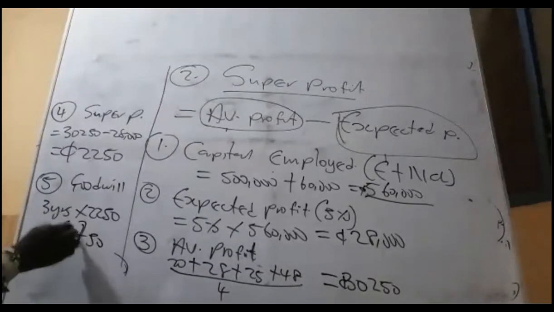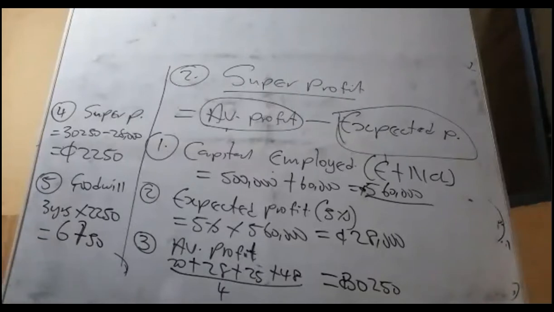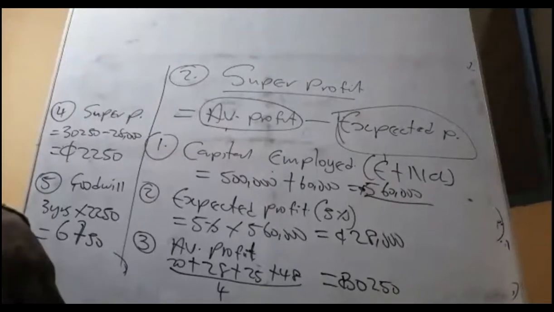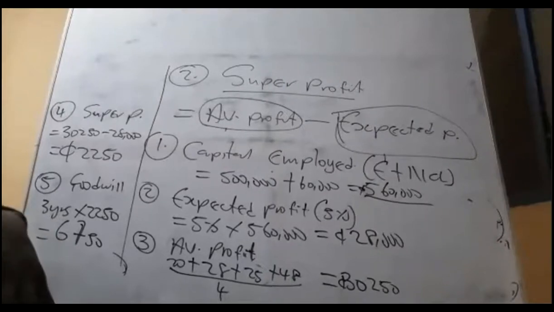That's the goodwill. So if you are doing your valuation, when you're adding the assets, kindly include goodwill as 6,750. That is all. Because if you are selling your business right now and someone is coming to purchase or acquire, you tell the person to pay extra.